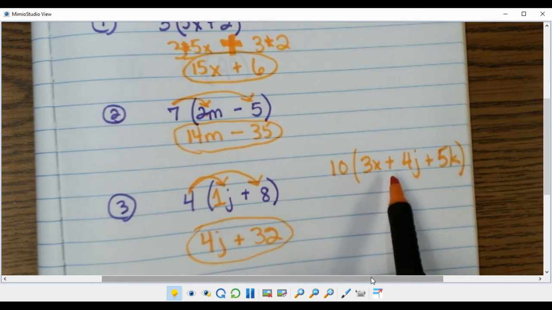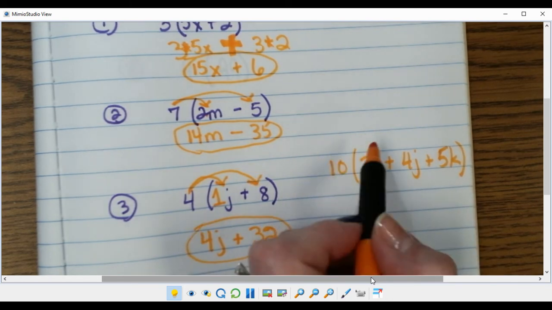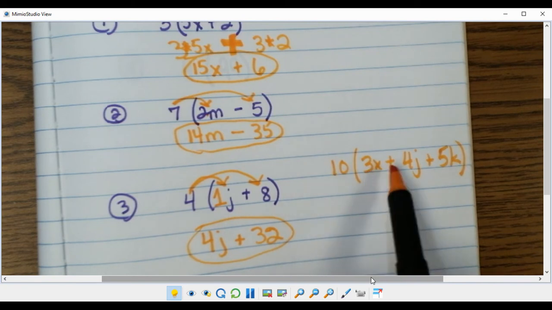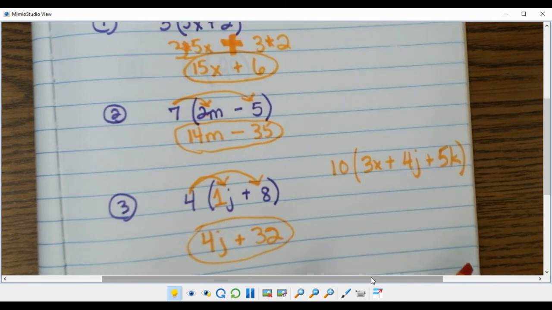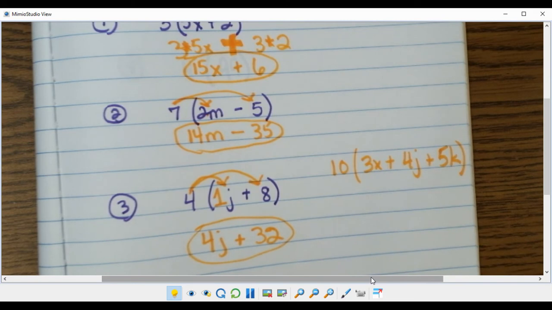Here we've got 3 pieces, so we're going to multiply 3 times. I like to think of the parentheses as kind of like the classroom walls, and each of the things inside are the students. So this class had 2 students. This class had 3 students. Each one of them is going to have to get 10, crayons maybe, or whatever it is, right?